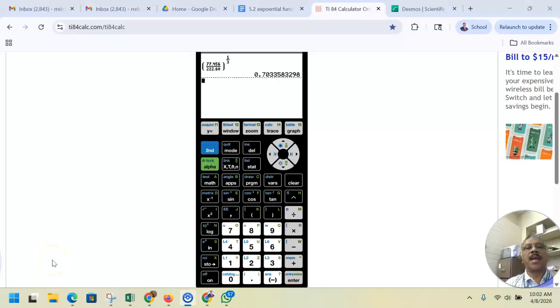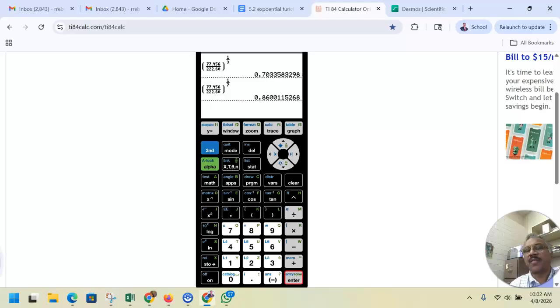Now see, I made a mistake: I put 1/3. It should be 1/7. So you can backspace like this, enter, and edit. Go left and make it 7. Then right, enter, and you get the answer: 0.86011.